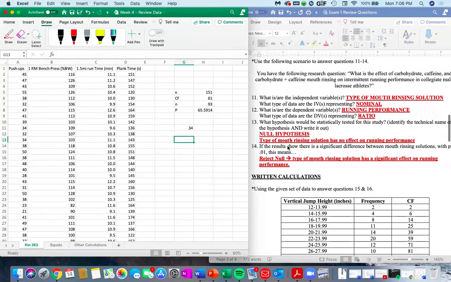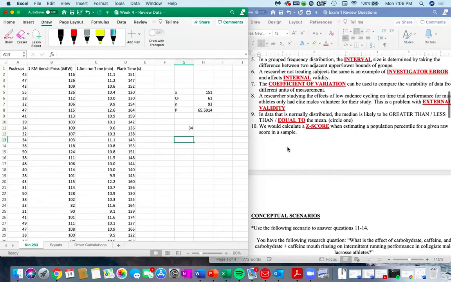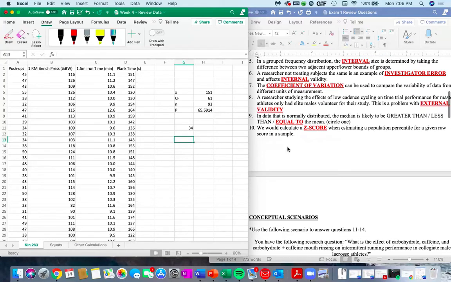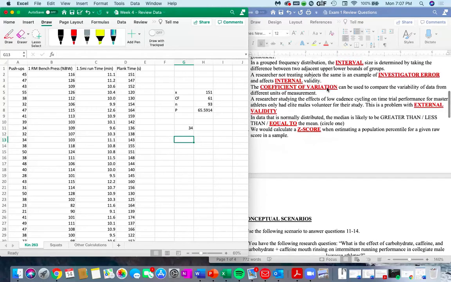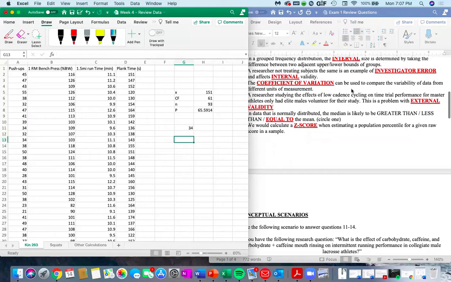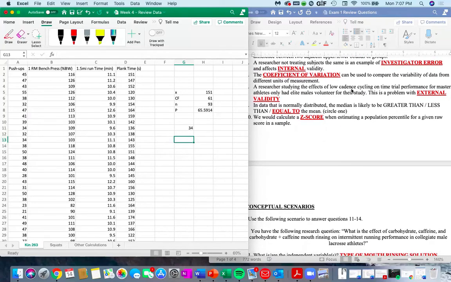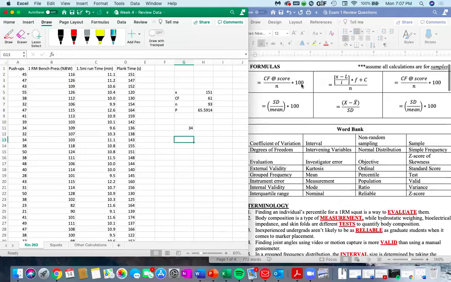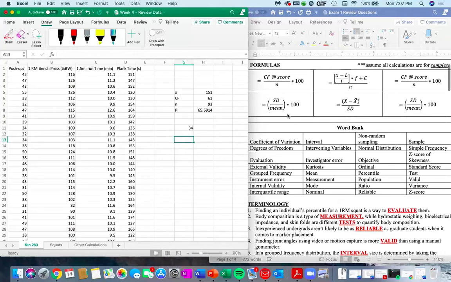If we go back to our terminology questions, what did we say on this one? Coefficient of variation can be used to compare the variability of data from different units of measurement. So coefficient of variation is what we need to calculate, and this is the way that we calculate it.